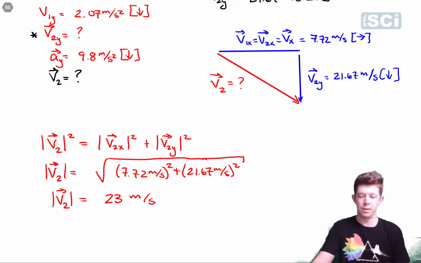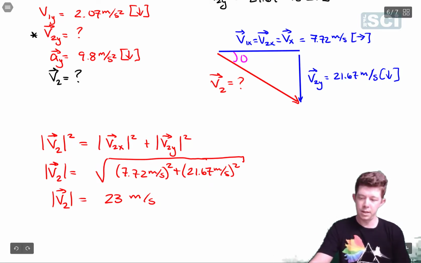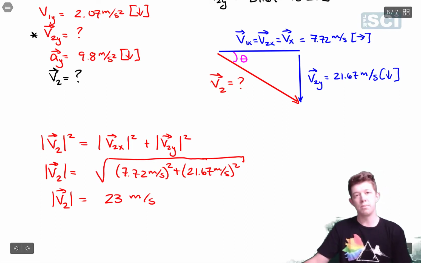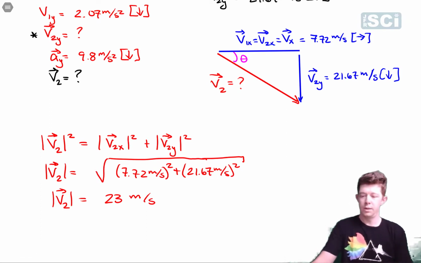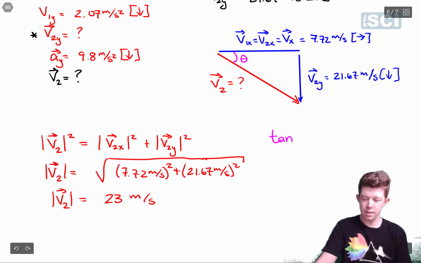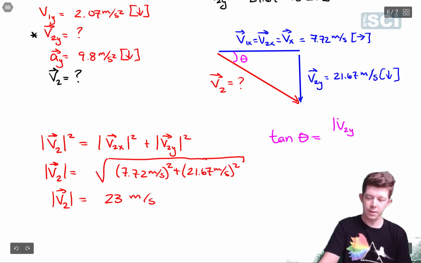I need the direction. So the direction is right there. Direction is below the horizontal. So I can say tangent of that angle is going to be V2y magnitude divided by V2x magnitude.